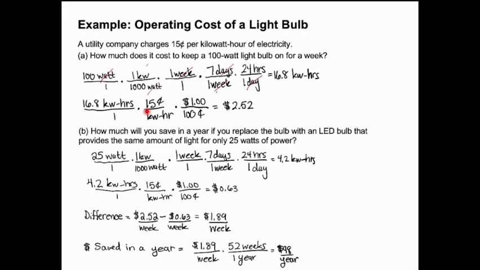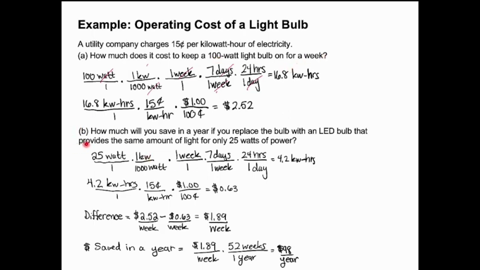If you want to change that into dollars, I could use this conversion factor that I know there's 100 cents in $1. So now I can cross off the cents, and I have my answer in terms of dollars. So $2.52 is what it costs to run this 100-watt light bulb for 1 week.